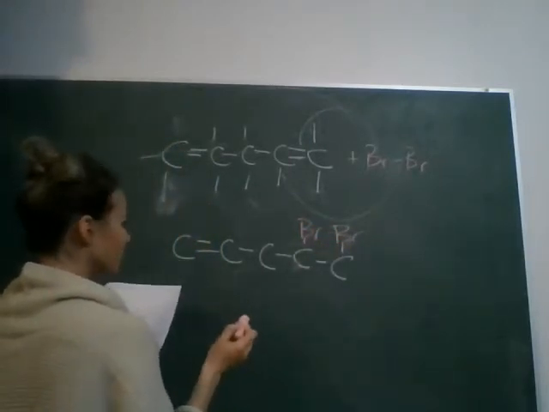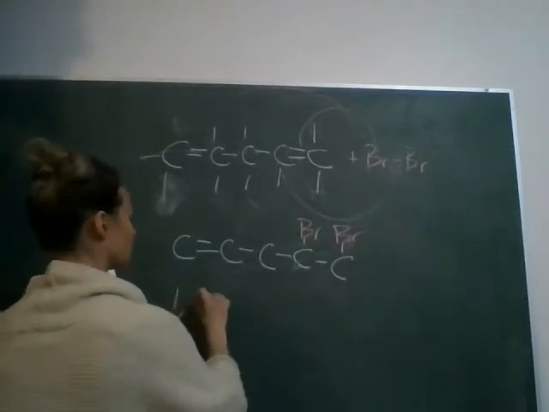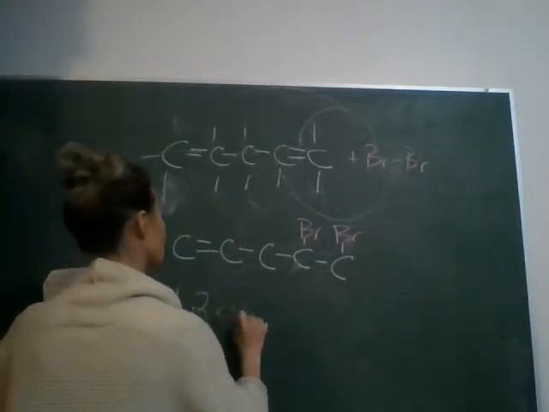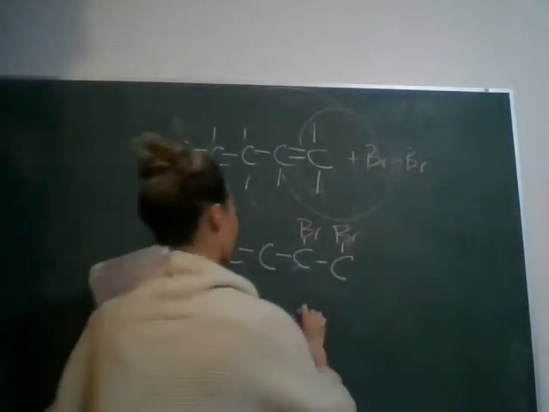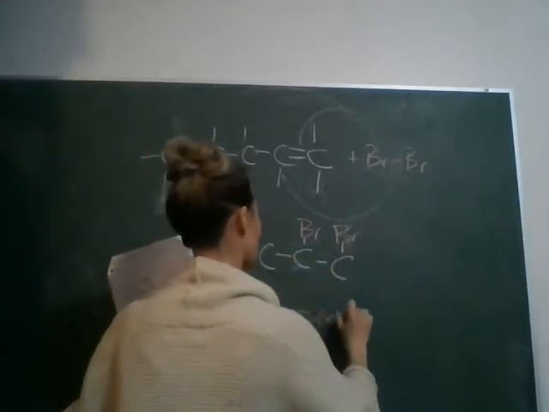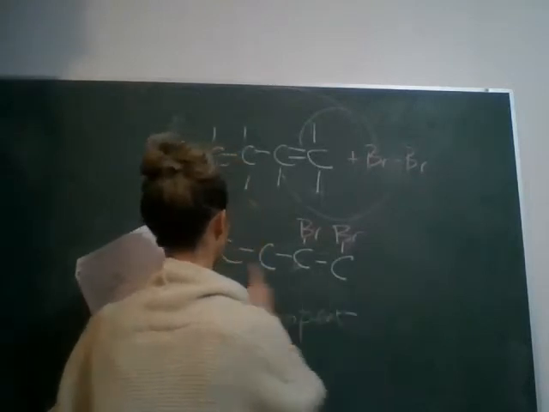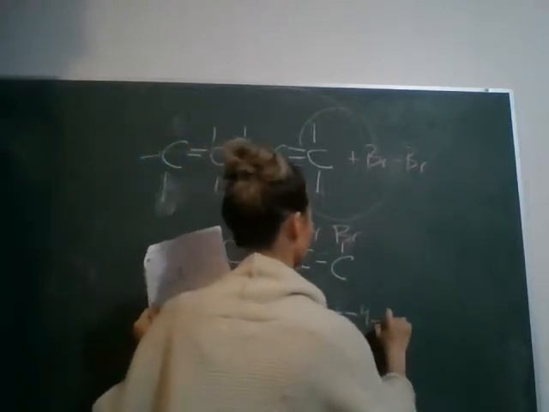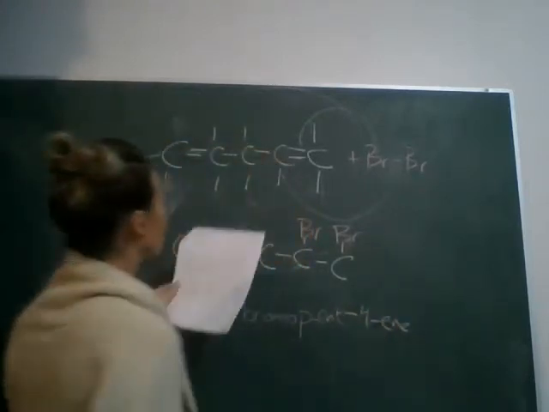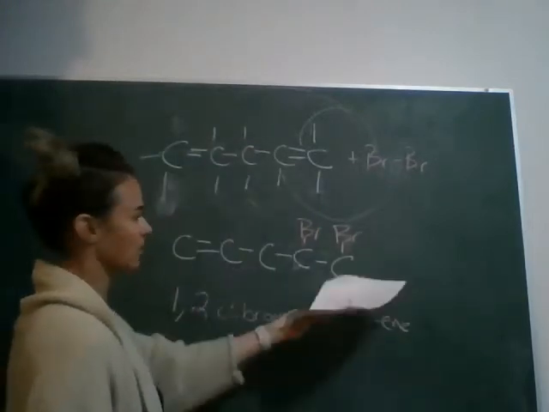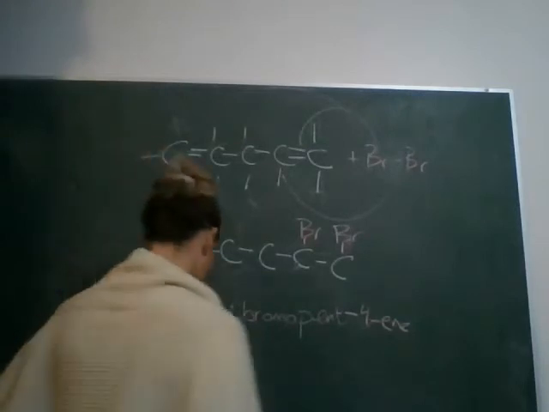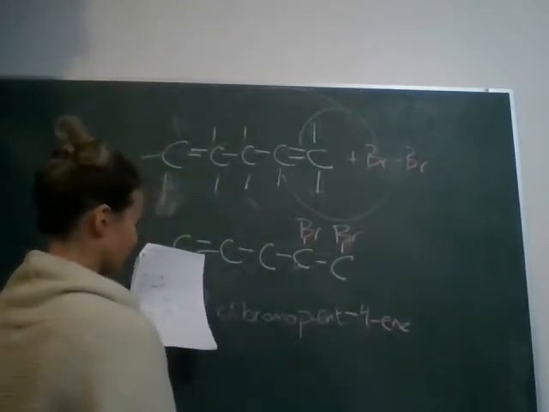So your very first one that you're going to get is 1, 2 dibromo 2, 3, 4, 5 pent 4-ene. Okay, we had a diene, now we only have an ene because it's only 1 double bond, sorry, there.